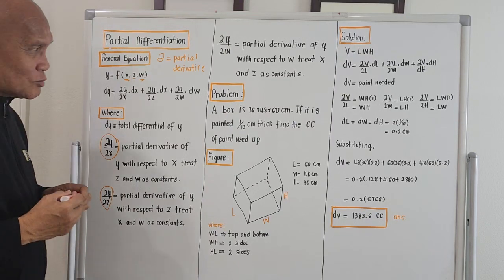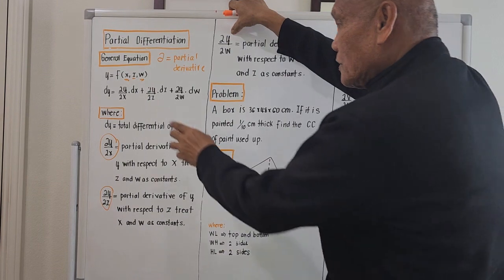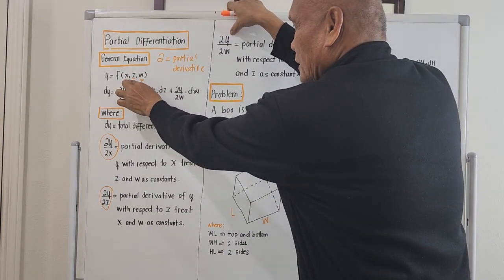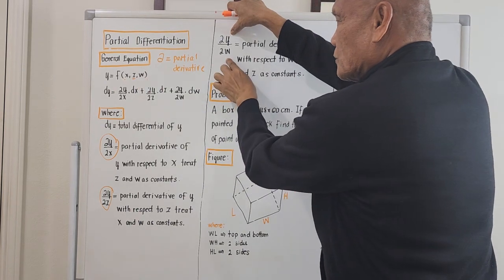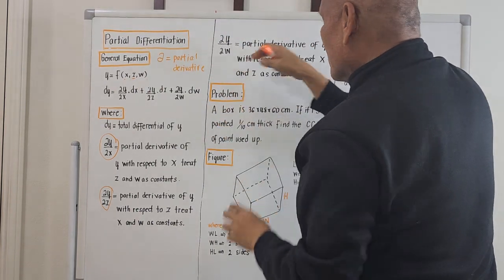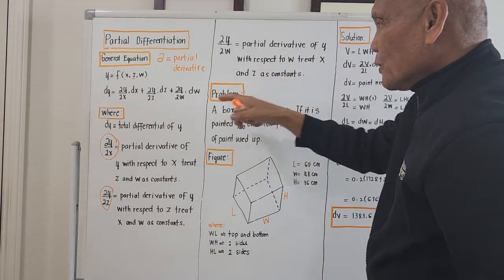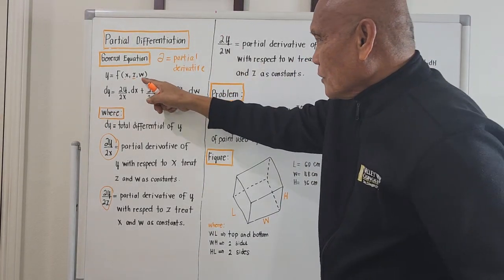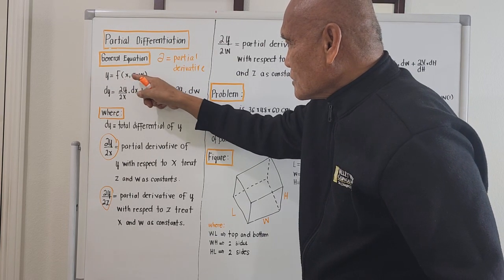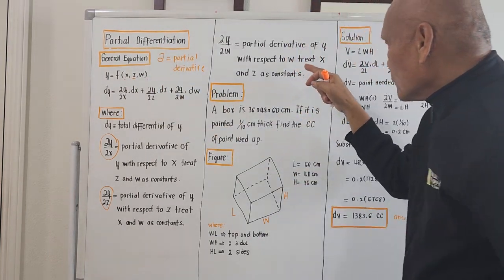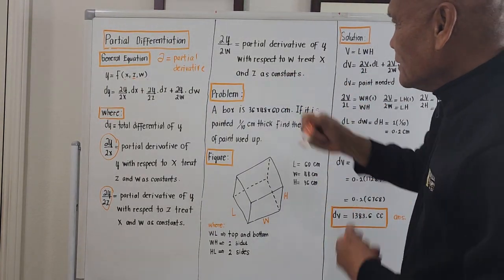Okay? The last one, the partial derivative of y with respect to w. We are to differentiate with respect to the third variable, with respect to w. So this should be read partial derivative of y with respect to w. Since we are differentiating with respect to w, treat at this time x and z as constant.